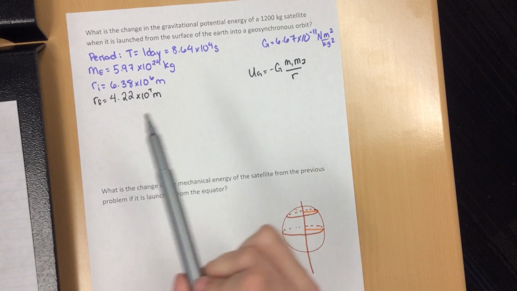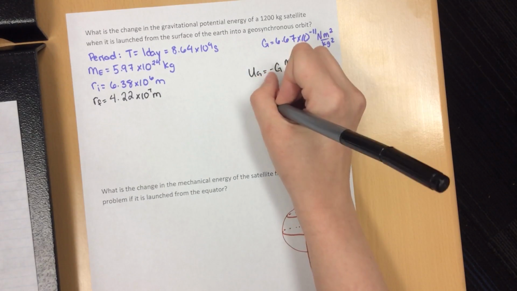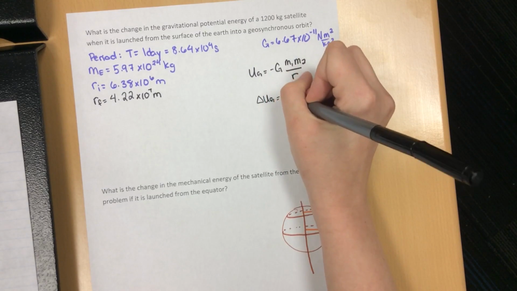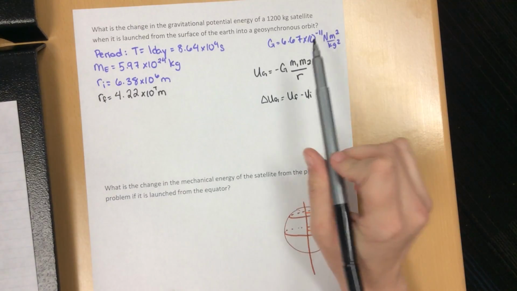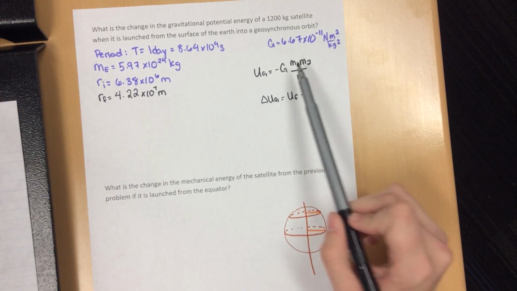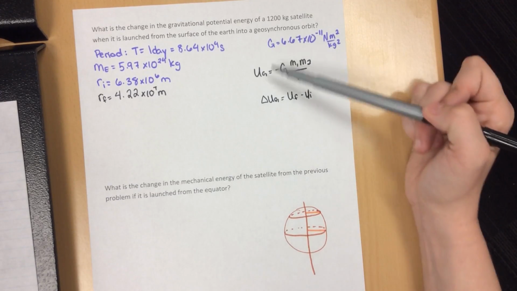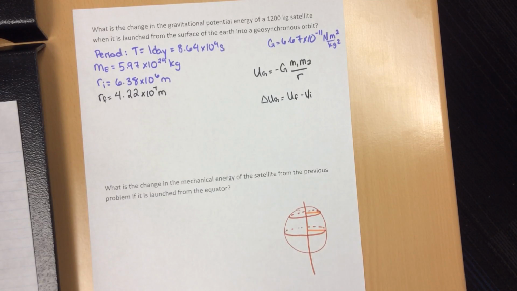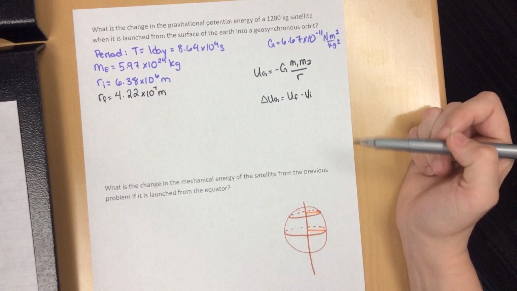So we are now going to look at our change in potential energy. Remember, our change in gravitational potential energy is going to equal my final minus my initial. In both cases, the masses of my two objects, M1 and M2, the mass of the Earth and the mass of the satellite, remain the same, and the gravitational constant remains the same because it's a constant. What is not going to remain the same is this R term.